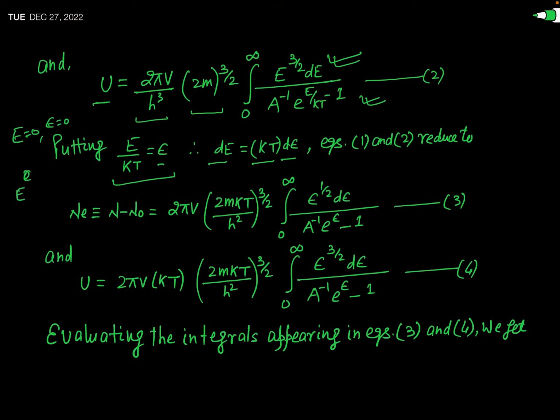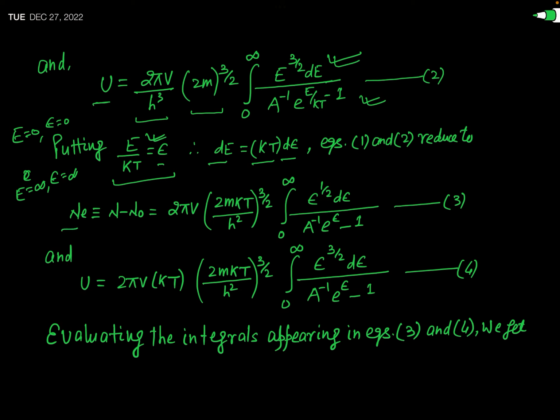And when E is equal to infinity, you can see epsilon will be also infinity. From this result you can see. And so the limits in these two integrals will not change when you will change the parameter E to epsilon. Okay.